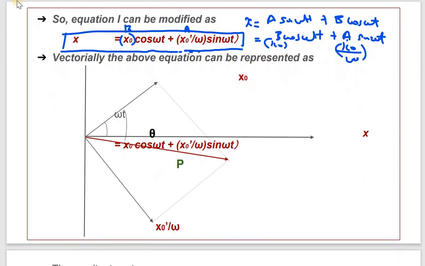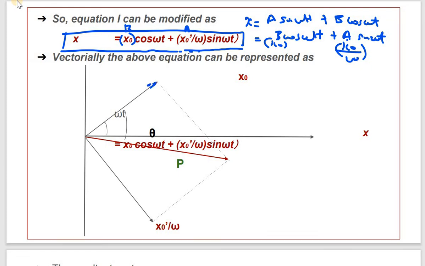Now you can see that both are vectors, right? Here this represents x dot by omega, and this represents x0. Let this be a and let this be b. Here, let this angle be omega t. The total angle is given here.